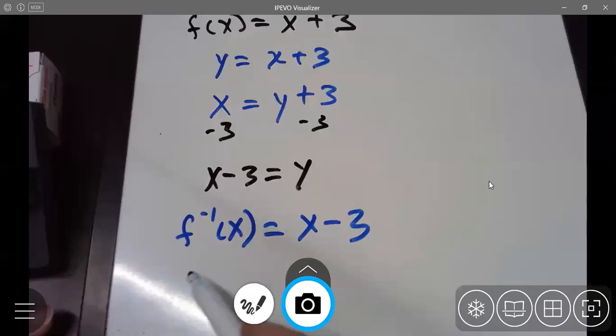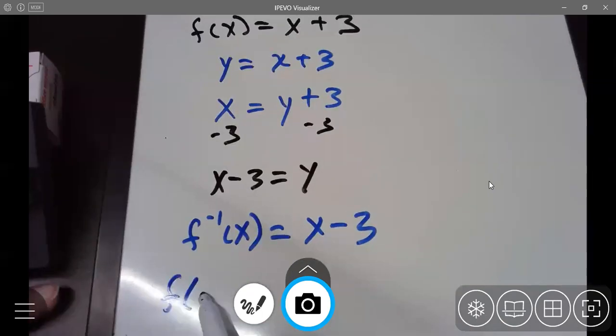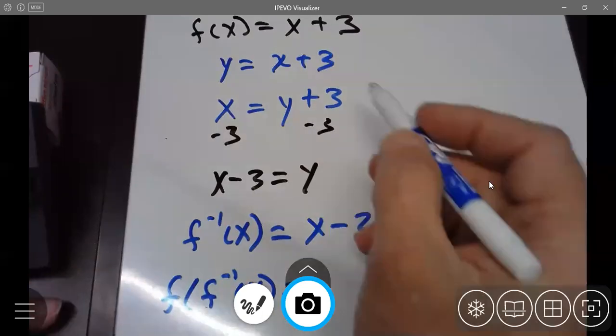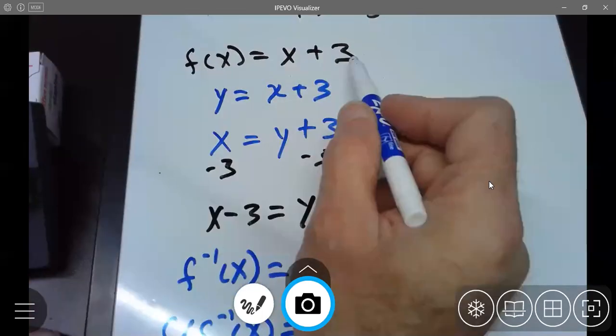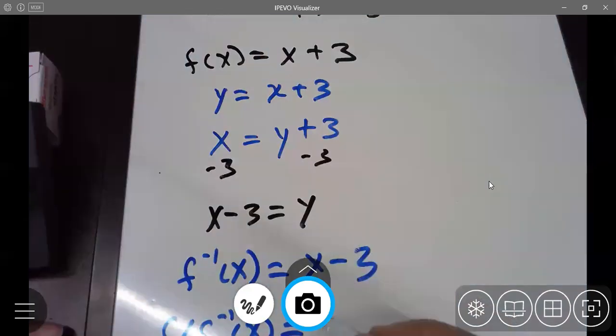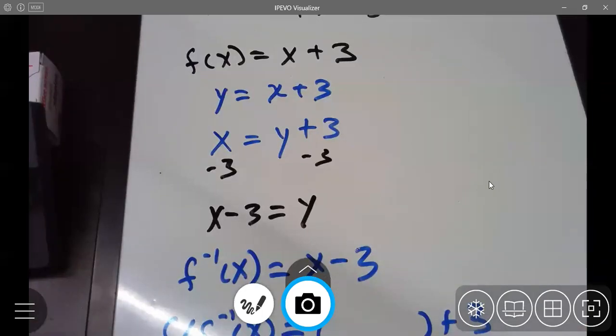So if we were to apply the composite f composed with its inverse function, well, since f of x was x plus 3, then it's like we're cutting that x out, put parentheses plus 3, and we're going to put the composite function in there, x minus 3.